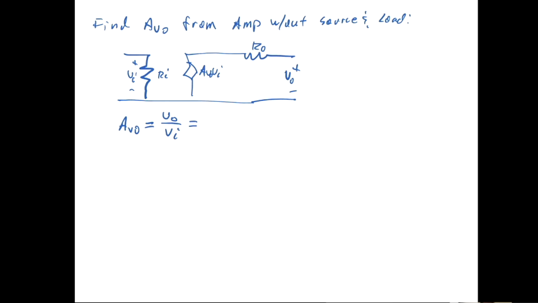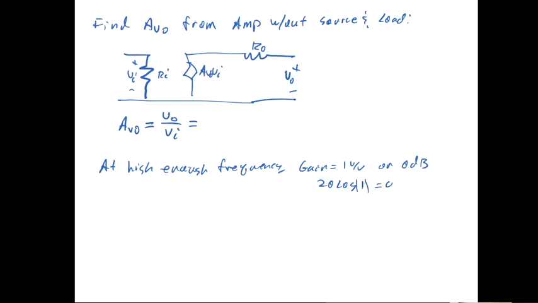At a high enough frequency, we always get the place where gain will become 1 volt per volt, or 0 dB, because 20 log of 1 is equal to 0.